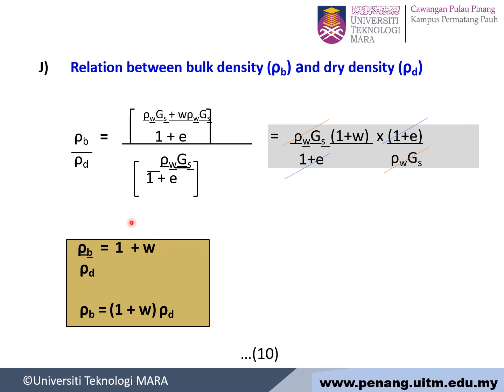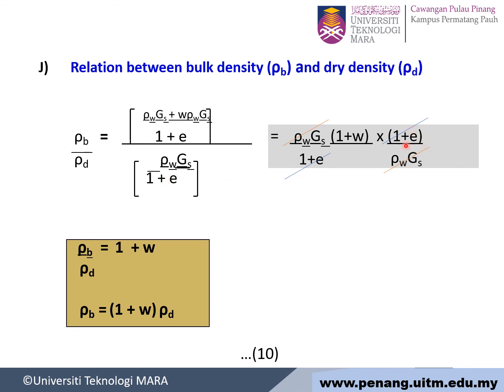This one is the relationship between bulk density, rho bulk, and dry density, rho dry, rho d. Rho bulk over rho dry is equal to rho water Gs plus w rho water Gs over 1 plus e. This one is rho bulk. Rho dry is rho water Gs over 1 plus e. So rho water Gs times (1 plus w), because we put the rho water and Gs outside, then it becomes (1 plus w) over (1 plus e), over rho water Gs over (1 plus e).